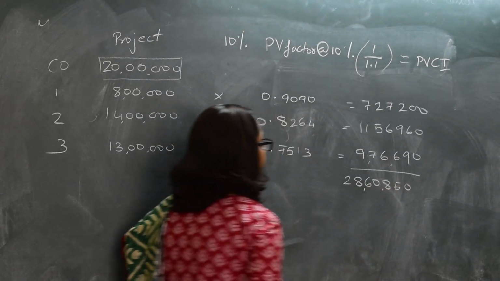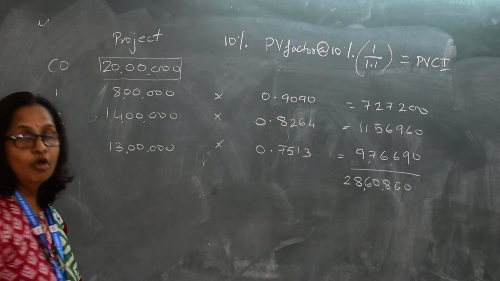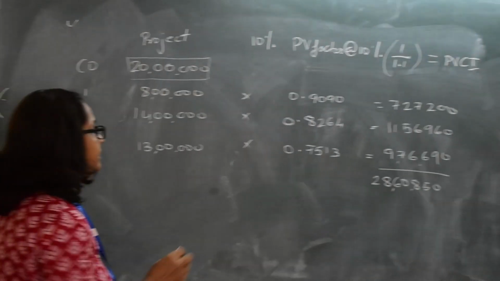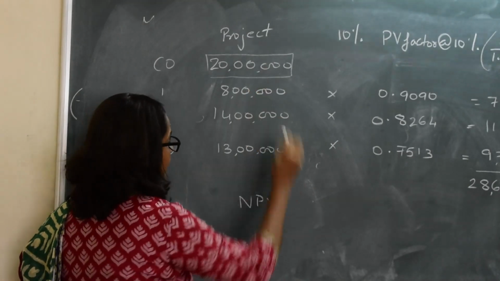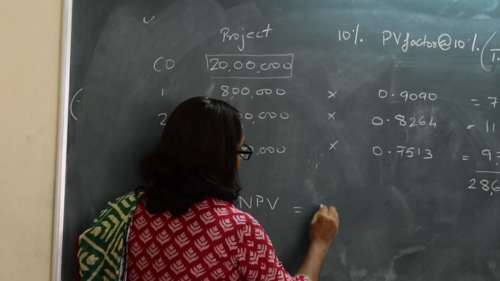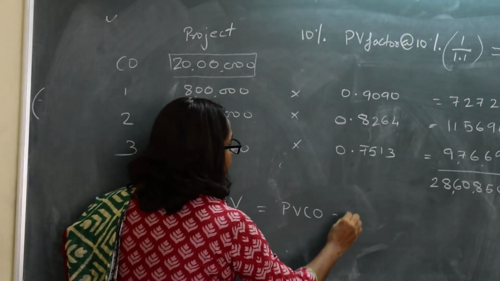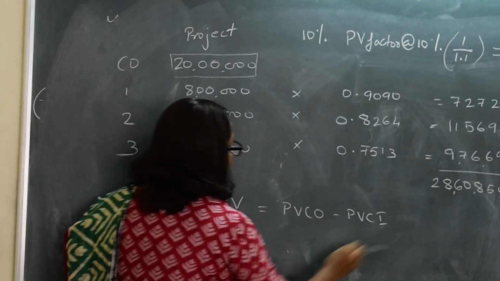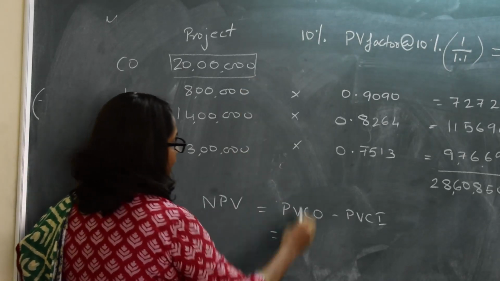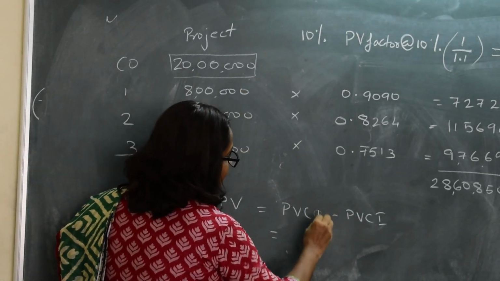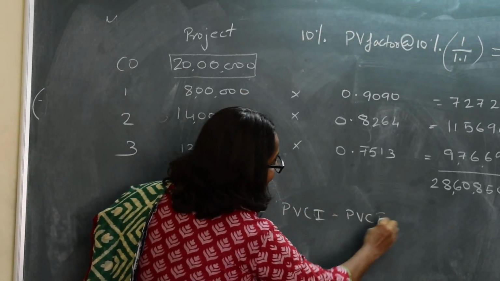20,850. So what is the net present value, NPV, for the project of 20 lakhs? It is PVCI minus PVCO. PVCO is the present value of cash outflow, which is 20 lakhs. Sorry, PVCI minus PVCO.